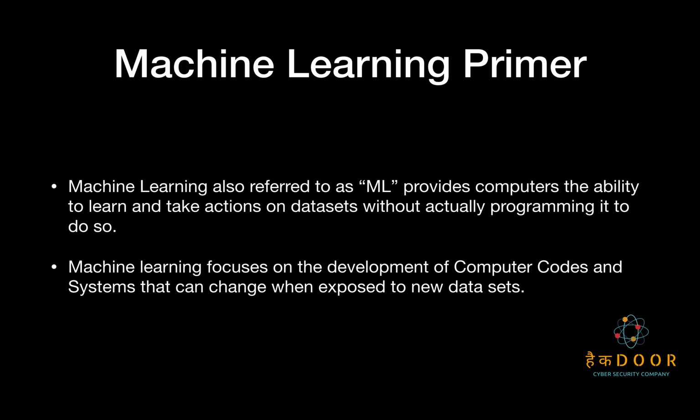So, talking about machine learning, it basically refers to an ability which we can introduce into computer systems so that the systems can take an action on the data sets without actually being programmed to do so. How this happens is quite interesting.